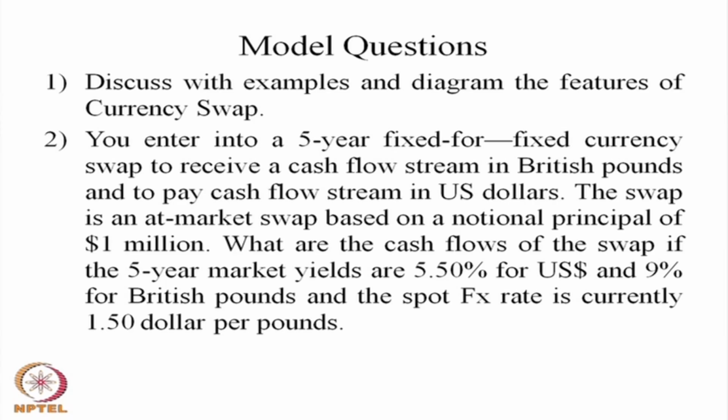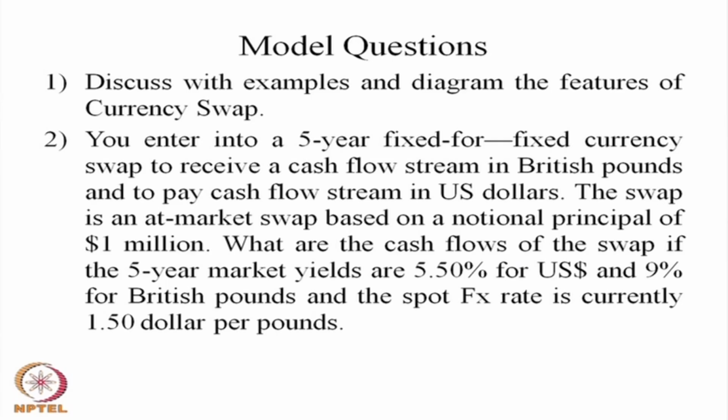Here the question is a 5-year fixed for fixed currency swap. The notional amount is 1 million, the US dollar rate is 5.5% and the pound sterling rate is 9%. You have to create a cash flow stream for arrangement of this currency swap.